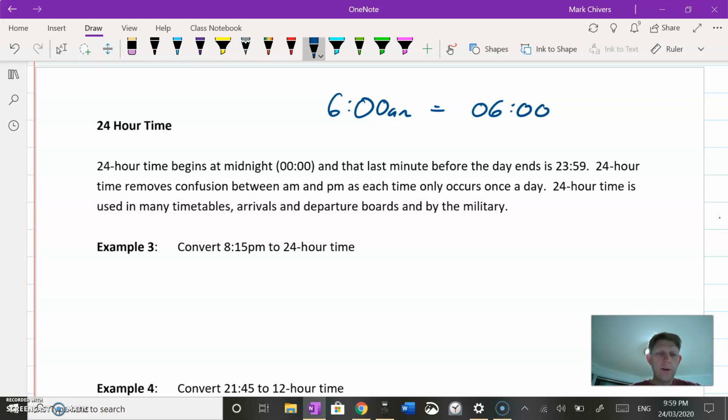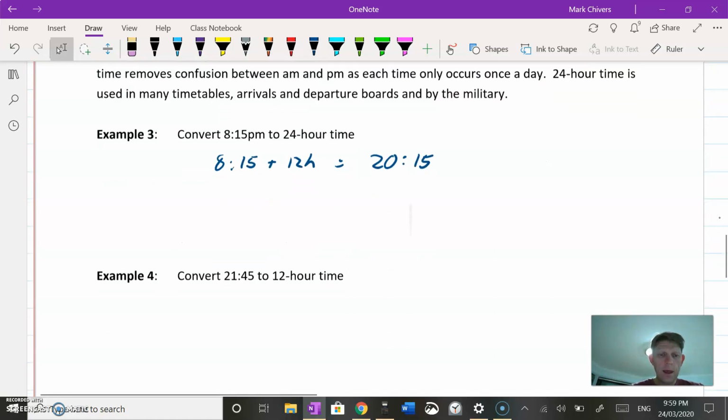In the afternoon, however, all we've got to do is add 12 to the relevant time, or take 12 off if we're going the other way, to express our time as 24-hour time. So 8:15 plus 12 hours would give us 20:15.